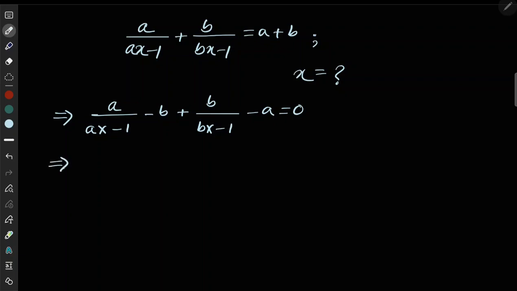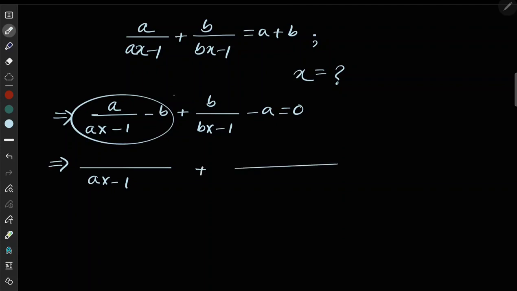Next, we have to separate these two by LCM. The LCM of this part is ax minus 1, and the LCM of this part is bx minus 1.